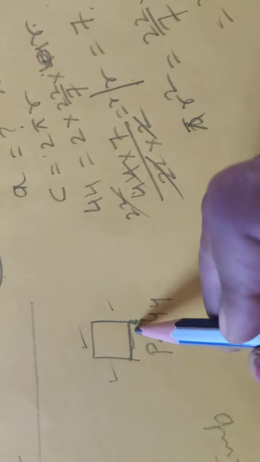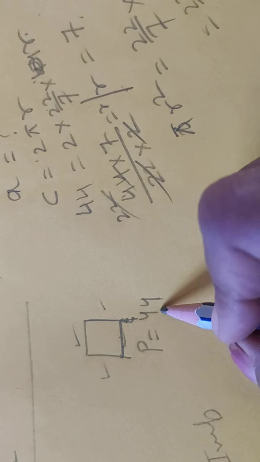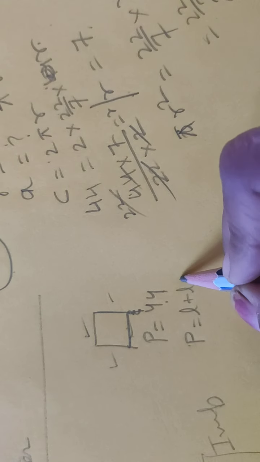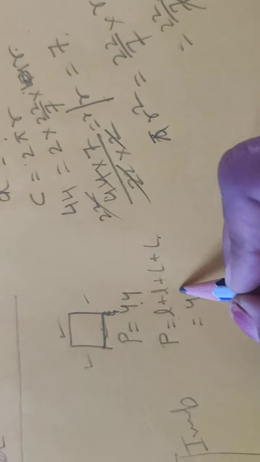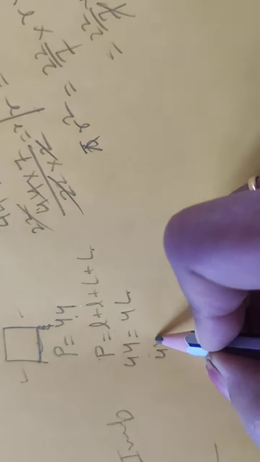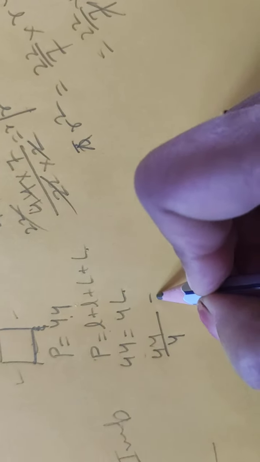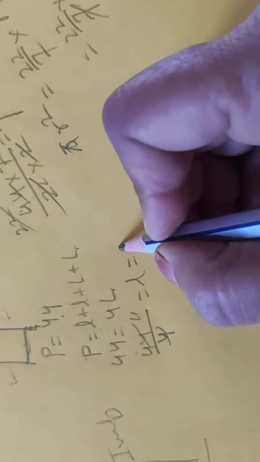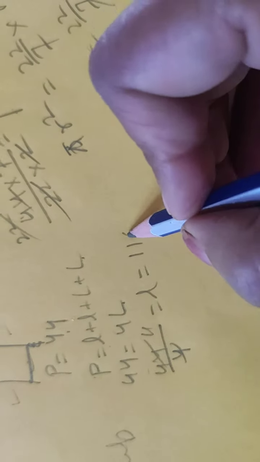And the perimeter of a square is L plus L plus L plus L, that is 4L. So 44 by 4 will be L, that is 11. So length is equal to 11 centimeter.